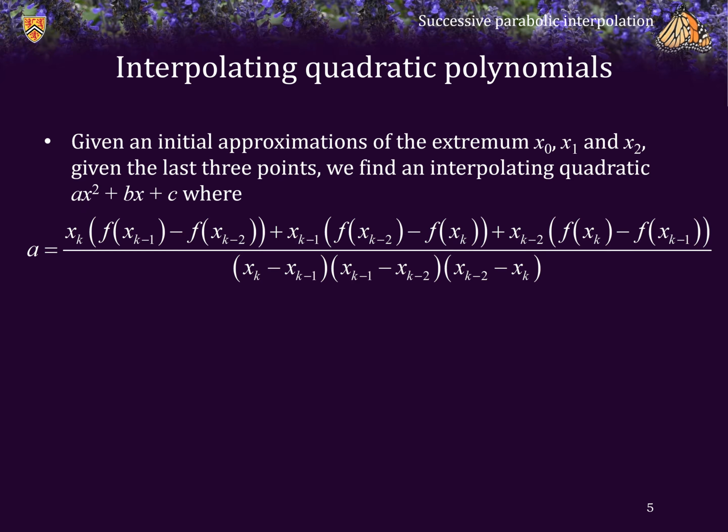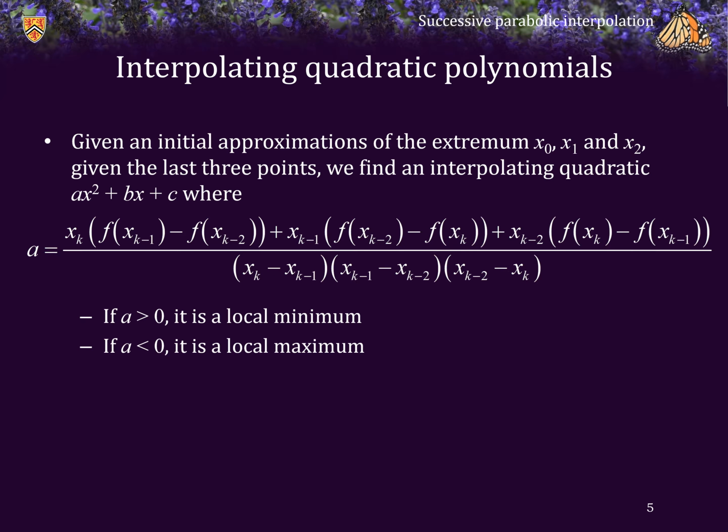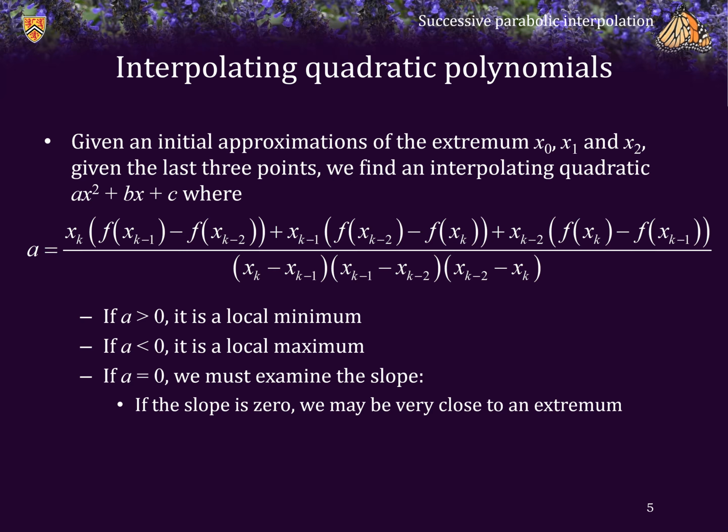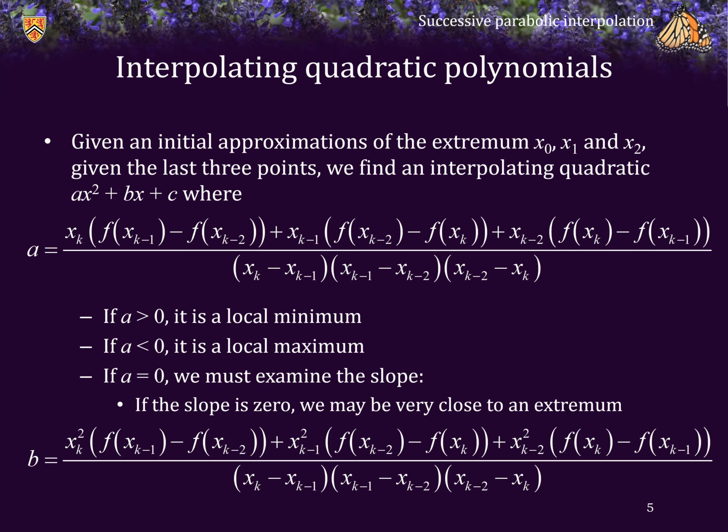Having calculated a, if a is greater than 0, then the extrema of this quadratic polynomial is a local minimum. If a is less than 0, it's a local maximum. And if a is equal to 0, then we have to examine the slope. If the slope is 0, or very close to 0, then we are likely to be very close to an extremum. And we can calculate the slope using this formula if necessary.